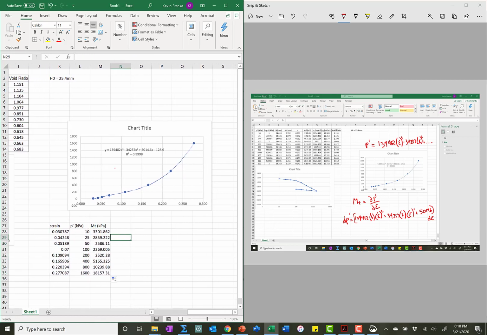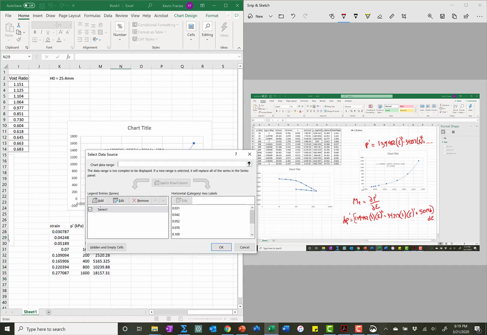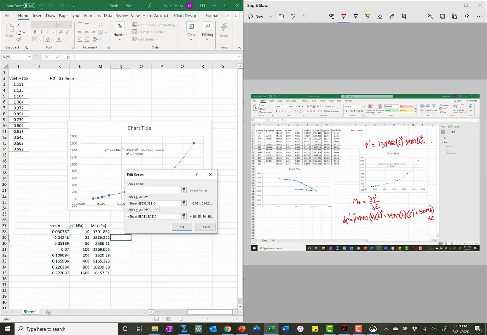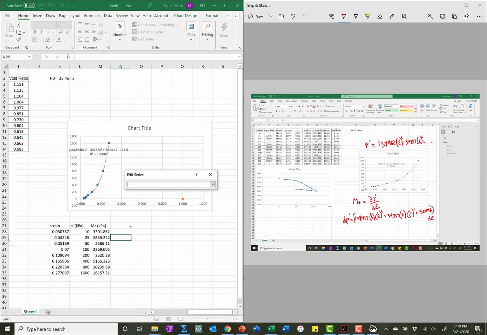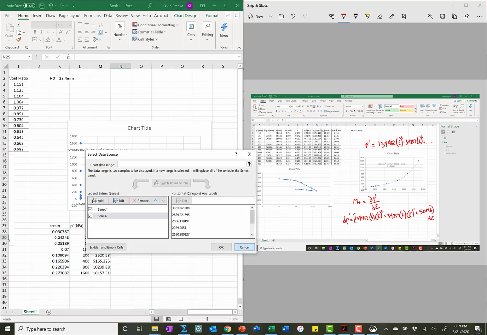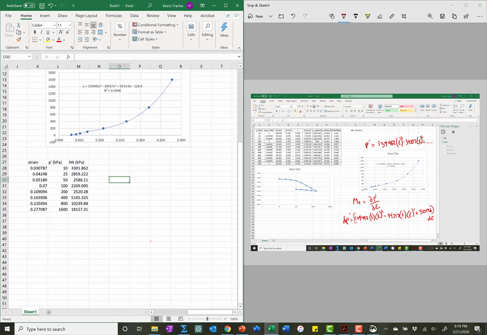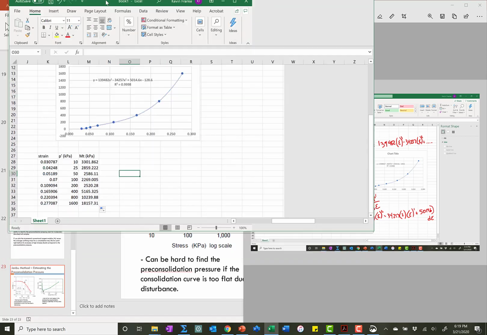So now if I were to plot on this, let's add a series for my tangent modulus, where x is going to be strain, y is going to be the tangent modulus, whoops, let's just do a new plot. That way we're not going to be so messy.